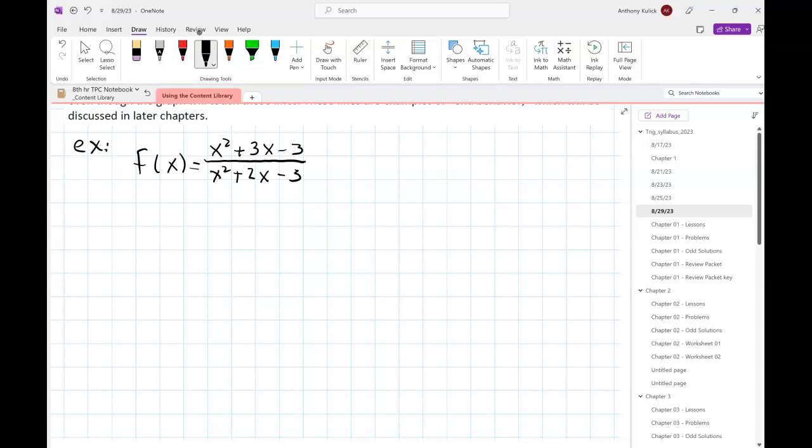This is an example of a rational function. Maybe you guys remember that term from Algebra 2 last year. Hopefully you remember talking about these a little bit. Would have been right towards the end of the year.